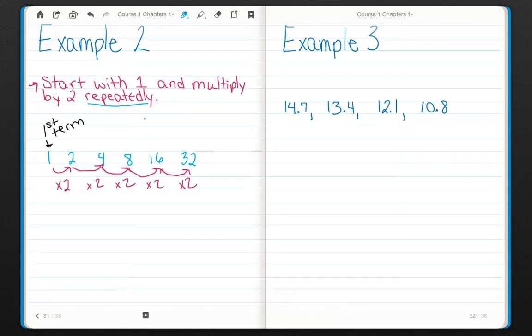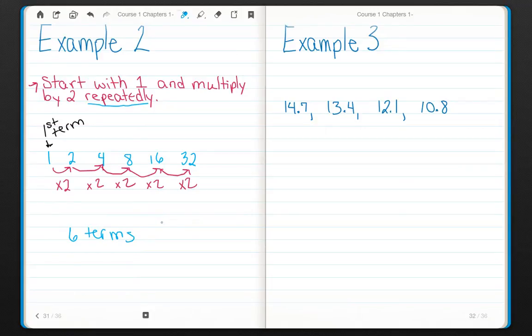And this pattern can keep going on, which is why we use the word repeatedly. I'm going to do the same thing over and over and over. So, this is my first term. Right now I have a total of 6 terms in this pattern. Each of those numbers, 1, 2, 4, 8, 16, and 32, is considered a term.